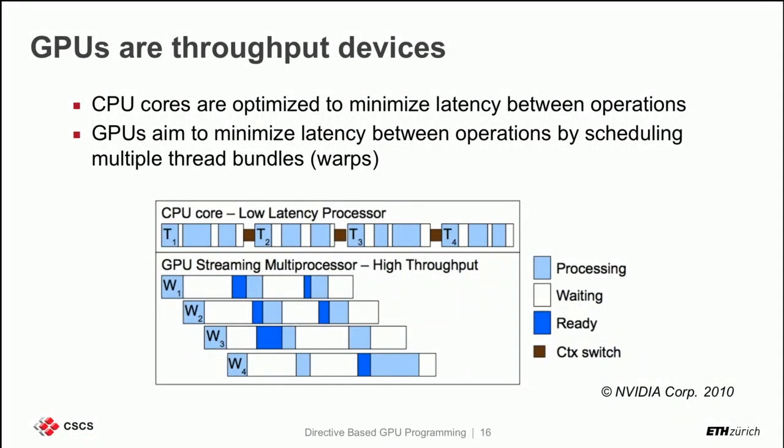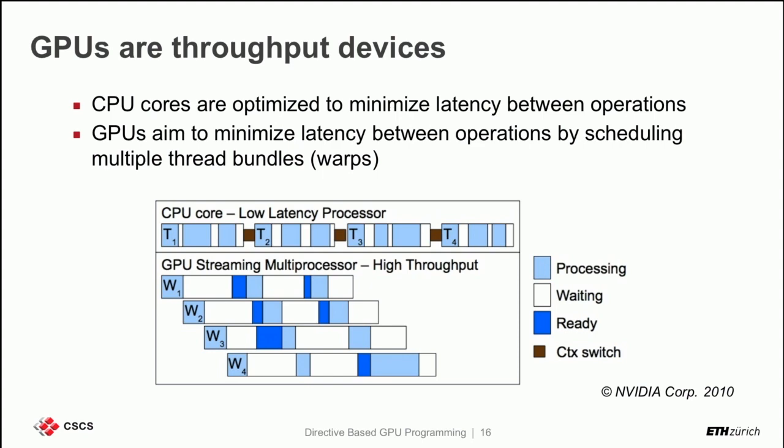So let's see how the GPUs schedule multiple threads. On the CPU you have a limited number of threads that can run.